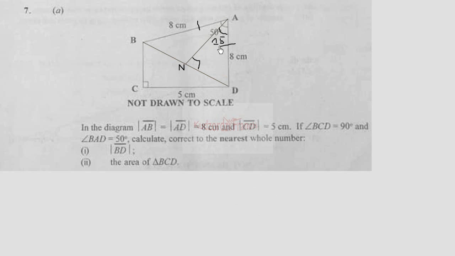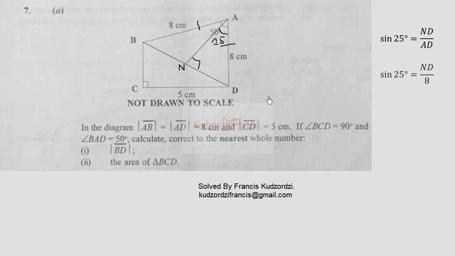The best one that can make you move fast is the sine ratio. So sine 25 will be equal to ND over AD. So AD is now the hypotenuse. This means that sine 25 is equal to ND over 8.